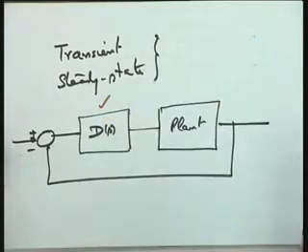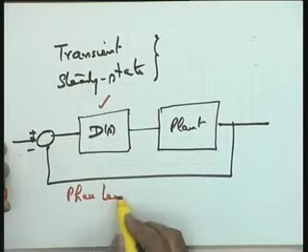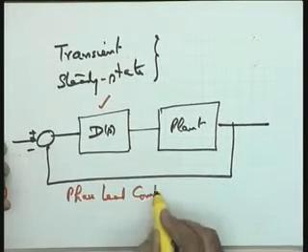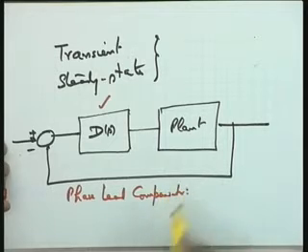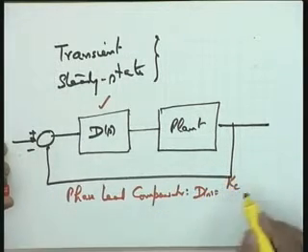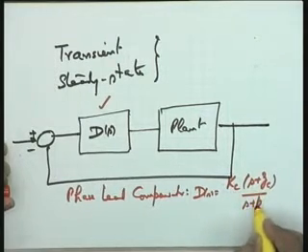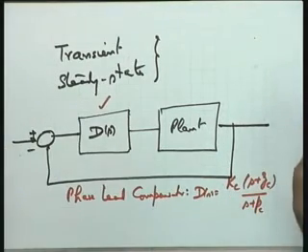Let me revise for you. One is the phase lead compensator. In a phase lead compensator, if you recall, the transfer function D(s) is of the form Kc (s plus zc) over (s plus pc), that is a pole and a zero.